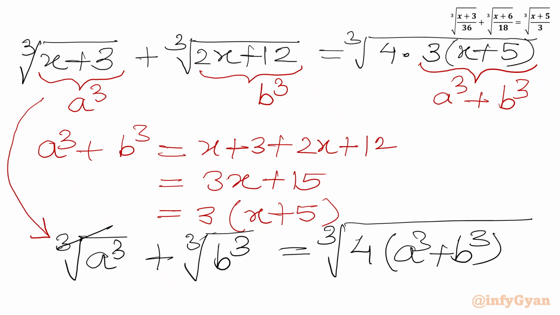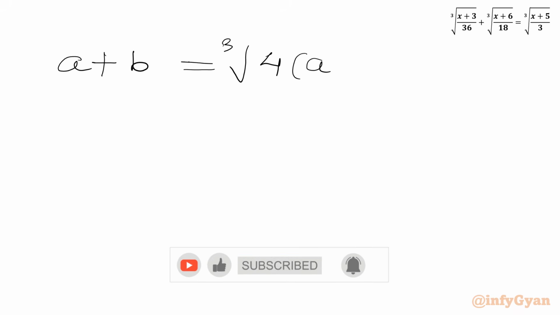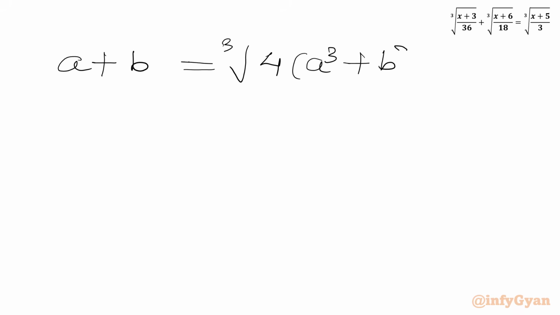Now cube and cube root will cancel from our LHS. So I can write our equation a plus b equal to cube root of 4 times in the bracket a cube plus b cube.